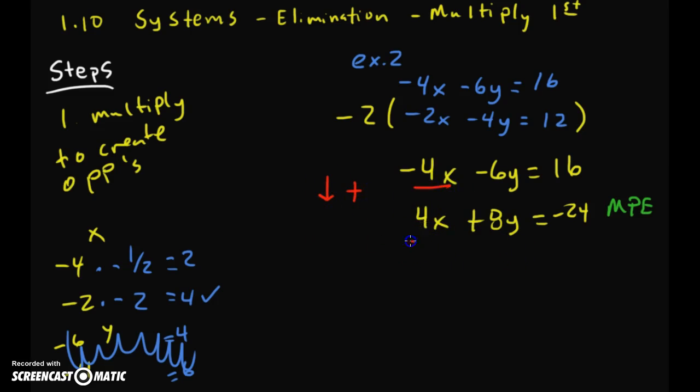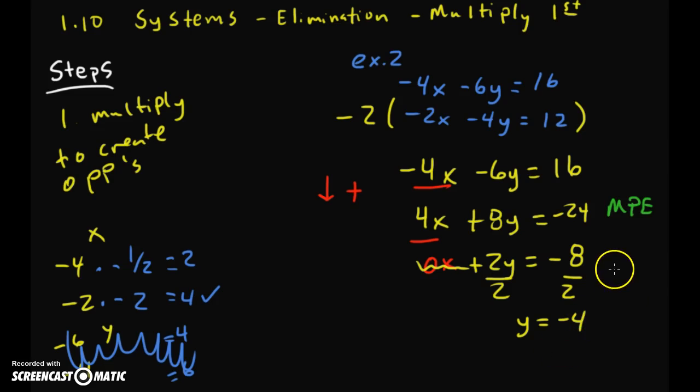We know that our opposite numbers are going to add up to 0, and then we have -6 plus 8 is a positive 2y equals 16 plus -24 is -8. We can now solve for y. 0x is just 0, and this is just a 2y, so we're going to divide by 2, and we get y equals -4. So we divided both sides in order to get the -4. And then I guess we added these two equations, so here we would add by elimination.